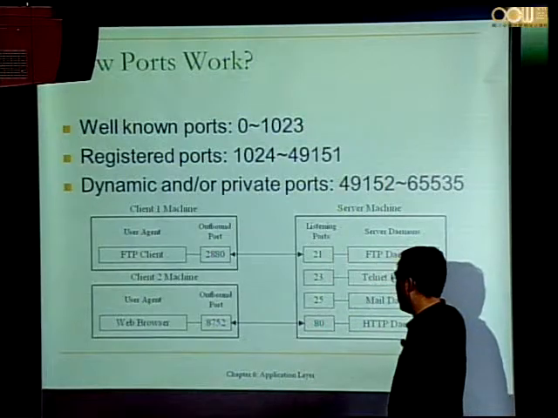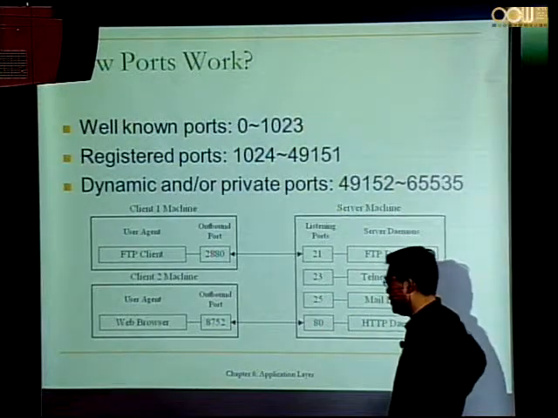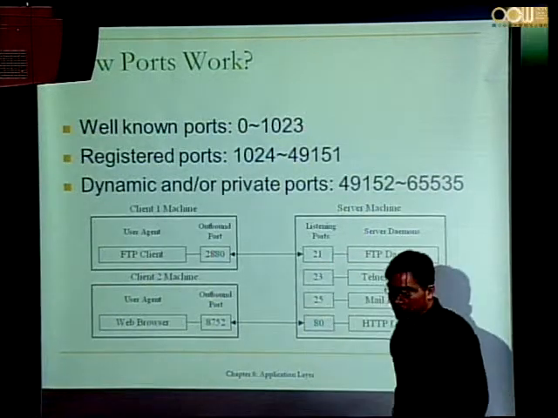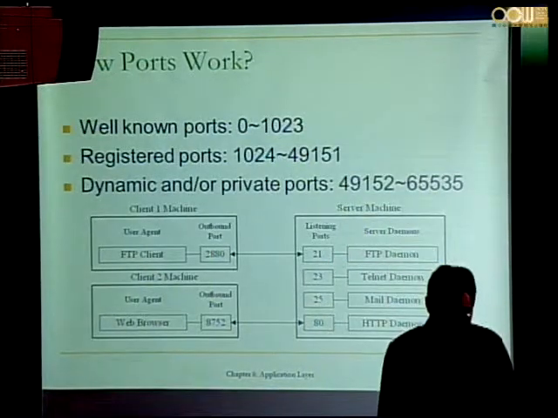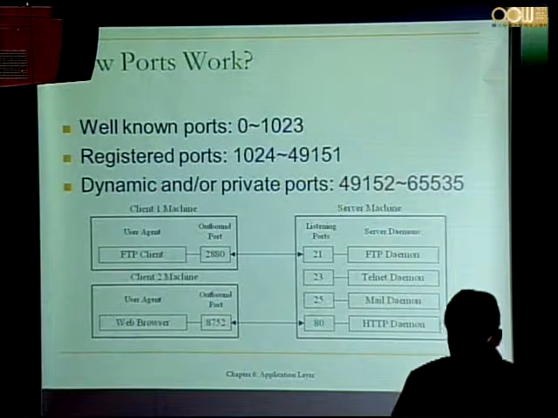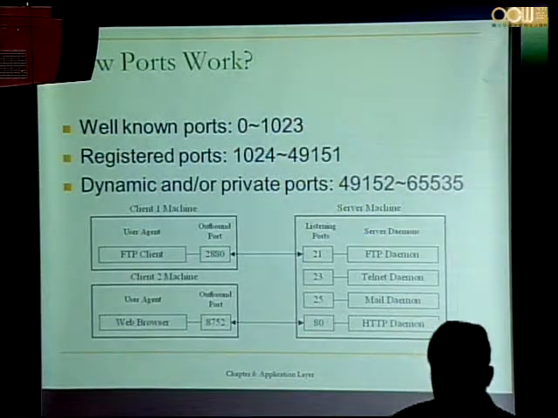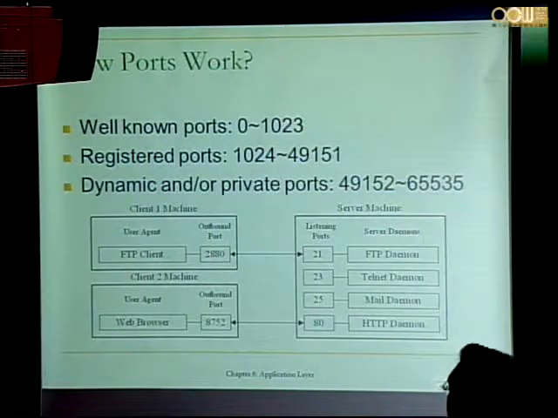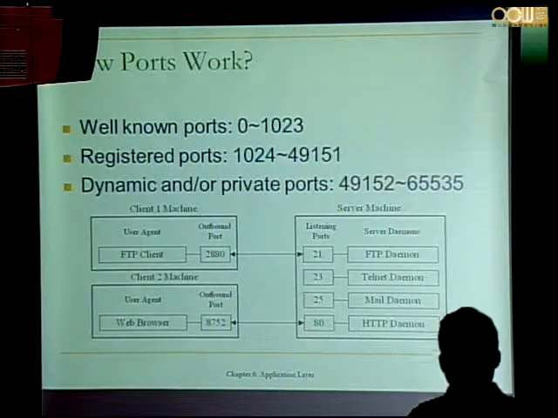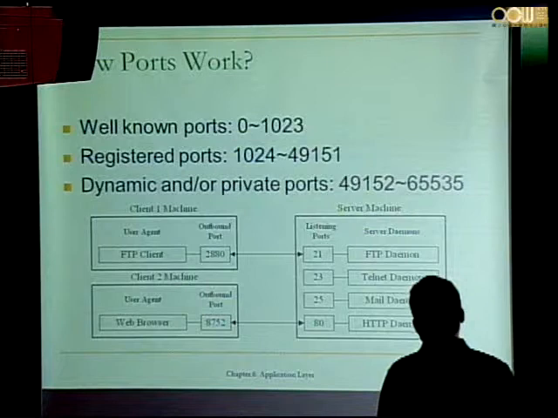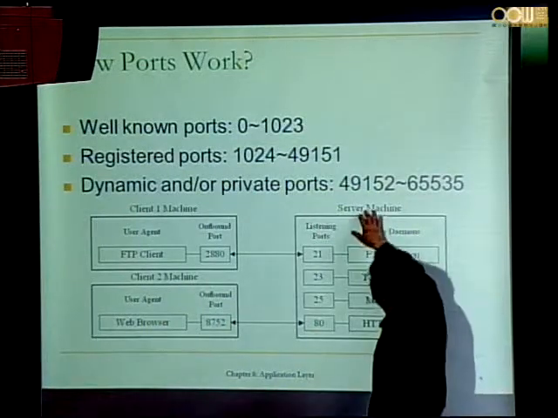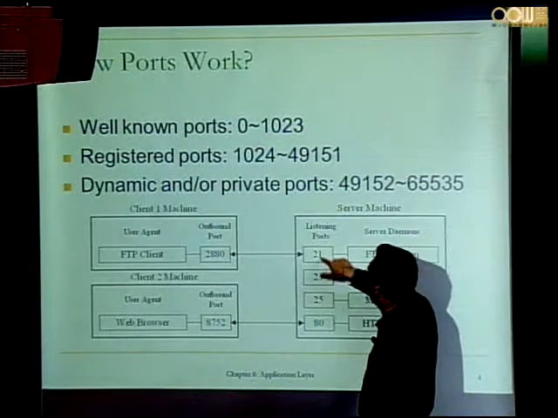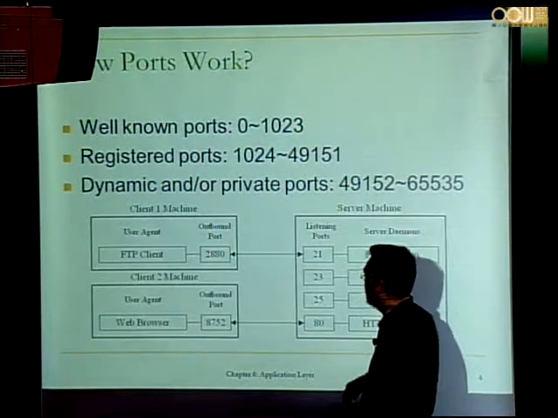We have seen in chapter 5 that you could call bind. The bind system call would allow a socket to bind itself to a particular port number, so the daemon is telling the kernel of this machine what port number it is going to bind itself to.